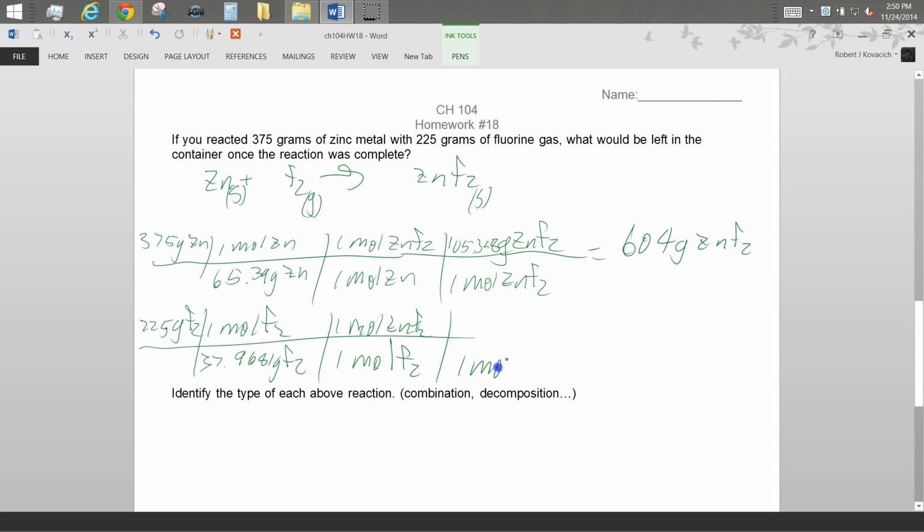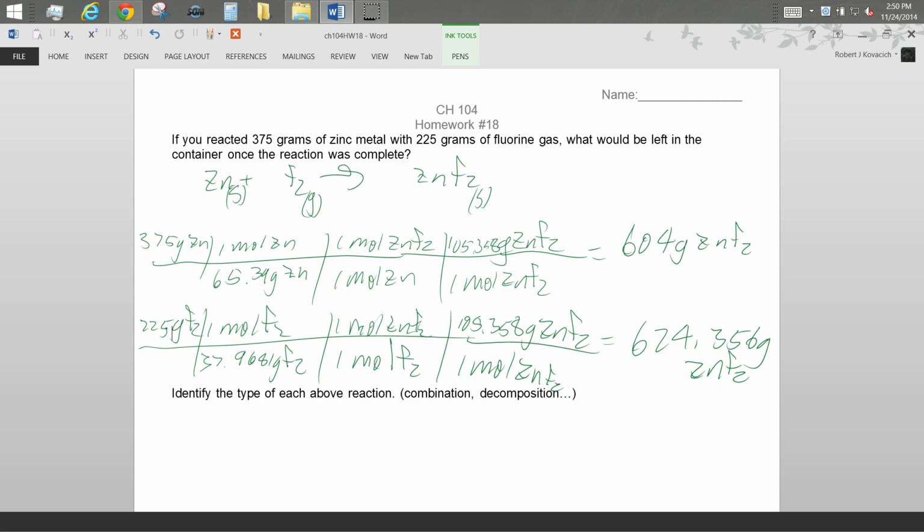For every 1 mole zinc fluoride, I have 105.358 grams of zinc fluoride. And so that's 225 divided by 37.968 times 105.358. And I got 624.356 grams of zinc fluoride.